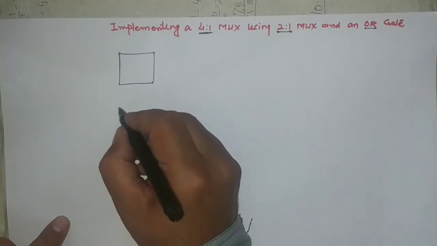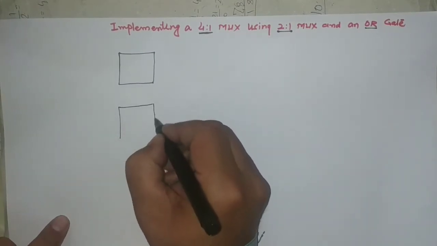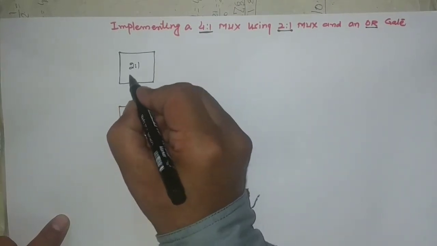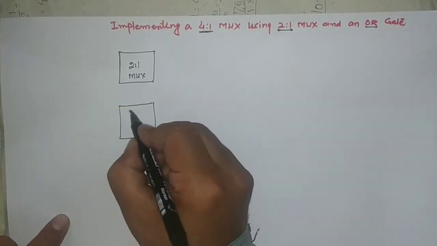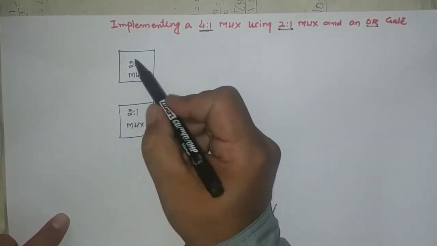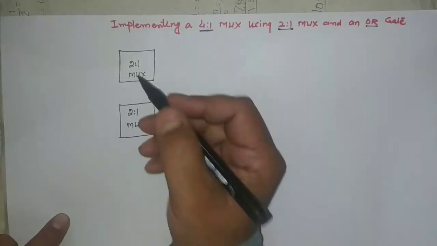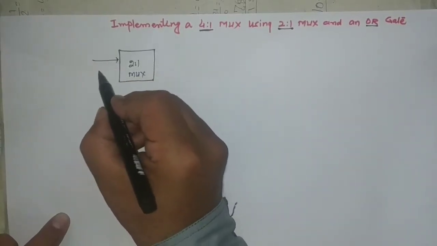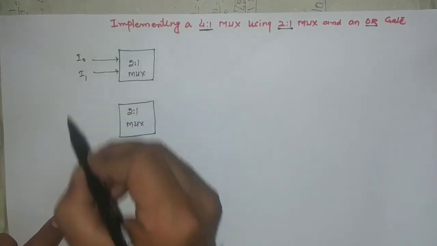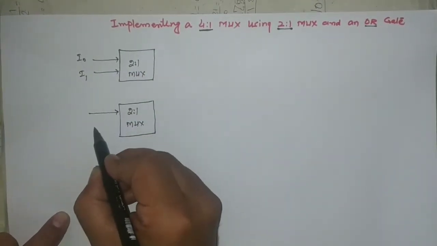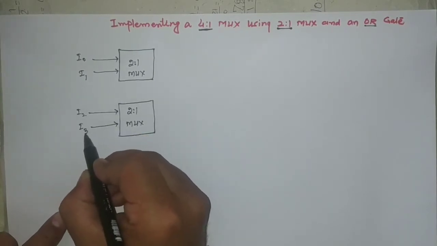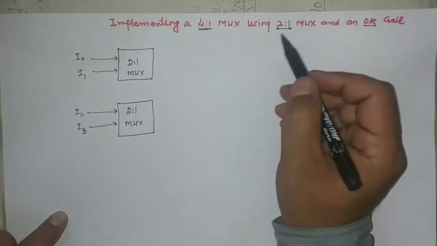So 2 to 1 multiplexer 1, and the second also a 2 to 1 multiplexer, so as to make the number of inputs 4. I0 and I1 are these 2 inputs, and I2 and I3, so 4 inputs.